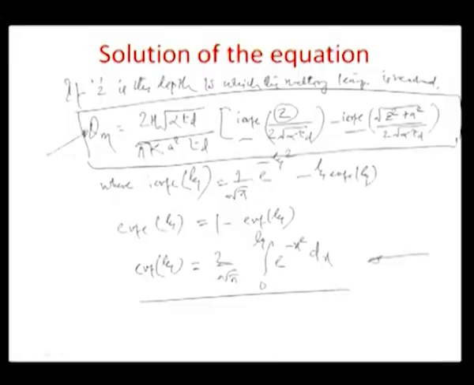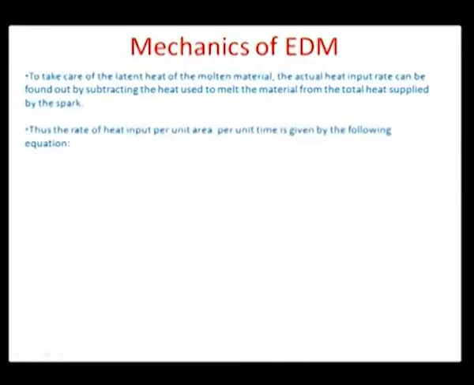So, we have to modify the equation quite a bit, and the rate of heat input per unit area per unit time would then be given by the equation: the total heat H total which comes from the spark into the workpiece, minus the latent heat per gram of the material, assumed to be Hm in this particular case, times density times the volume of the material which is removed.